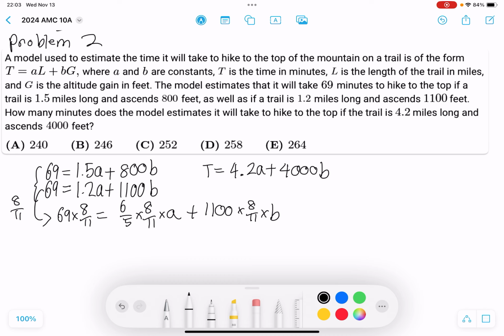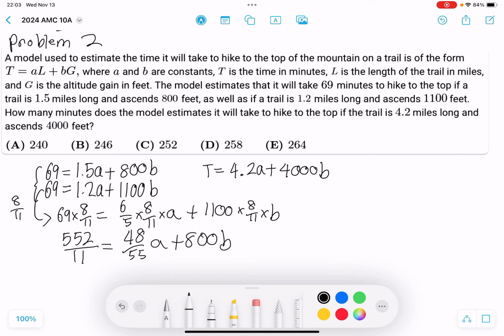Okay, so let's simplify this. 69 times 8 is 552, so that's 552 over 11. The first term on the right is 6 times 8, which is 48, so 48 over 55 A, plus this term is just 800B.